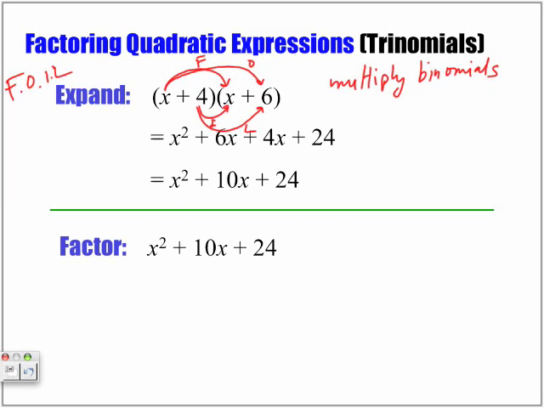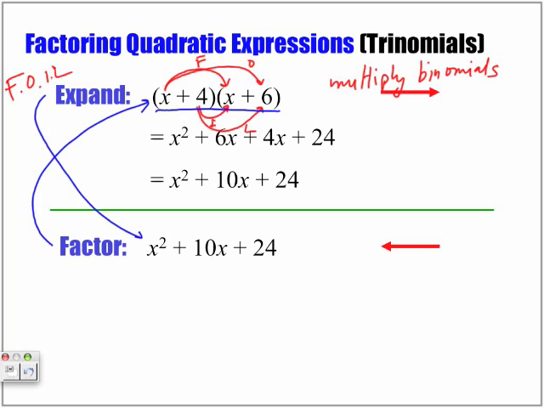Now, when we're asked to factor, we're asked really to go in the opposite direction. If we're asked to factor a trinomial, we're trying to get our answer in this format. If we're asked to expand, we're asked pretty much to get to that format. So when we're factoring, we're trying to figure out what sets of binomials we multiplied together.